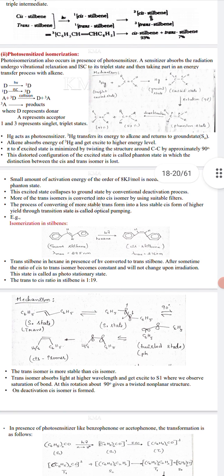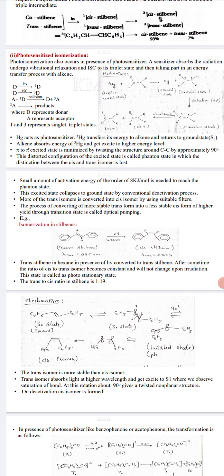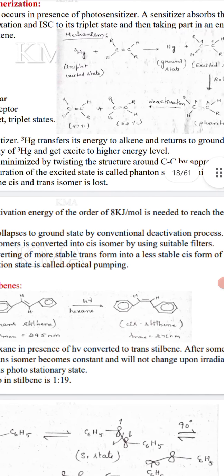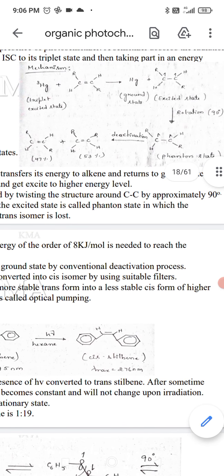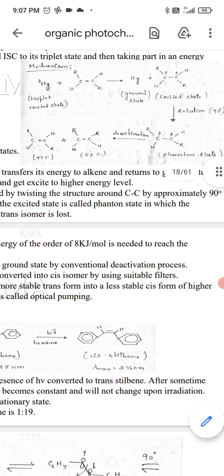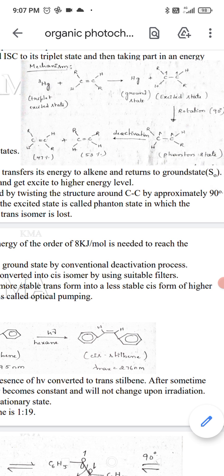A sensitizer absorbs the radiation, undergoes vibrational relaxation and intersystem crossing to a triplet state, and then takes part in an energy transfer process with the alkene. So as you can see the mechanism here: mercury in its triplet state is taken as a photosensitizer.